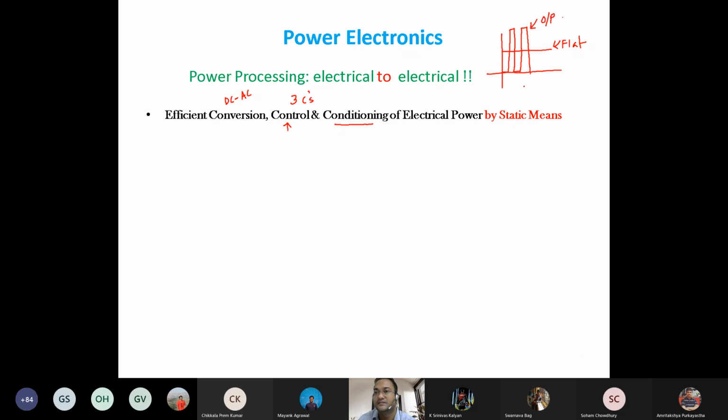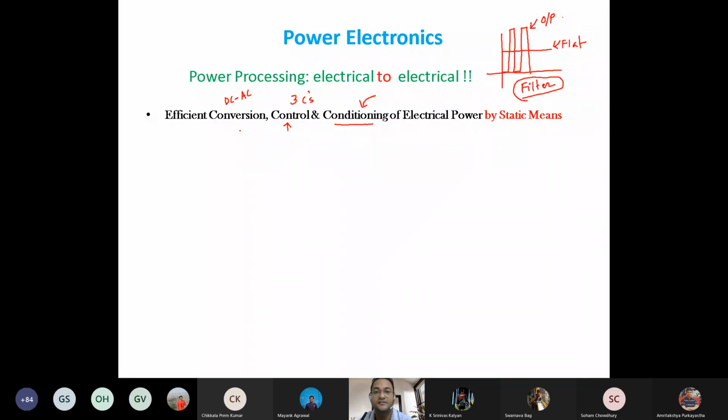So then we use some sort of filter, so that I can eliminate those high frequency pulsations and finally achieve a DC or a sinusoidal AC output. So that is the meaning of conditioning. I'll tell you more about this. I'll give you some examples and how to design filters. Everything we'll discuss. So these are more or less the important 3 C's in the power electronic converter.